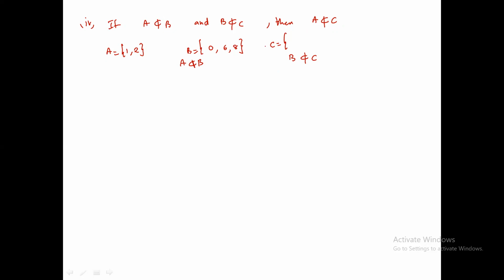If I want, I can take 0, 1, 2. I can take 6. But I will not take 8. Then B will not be a subset of C. But then you can see A is a subset of C, because in A you have 1, 2, and in C also 1, 2 is there. So what they gave is false.